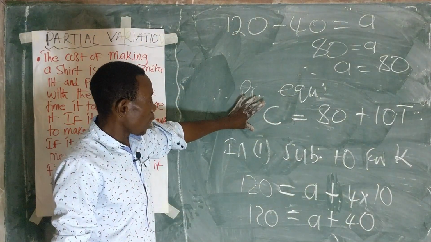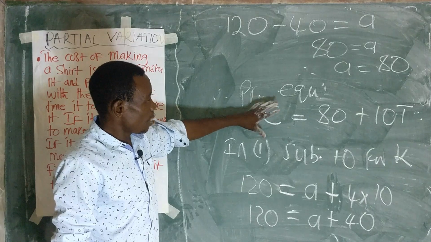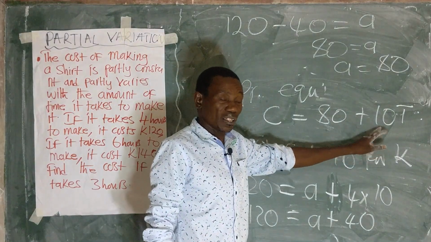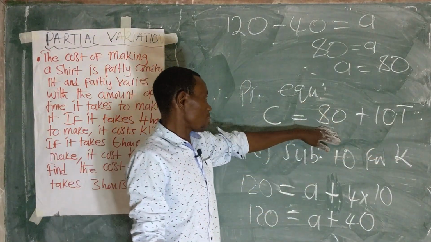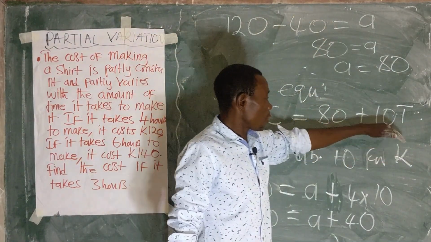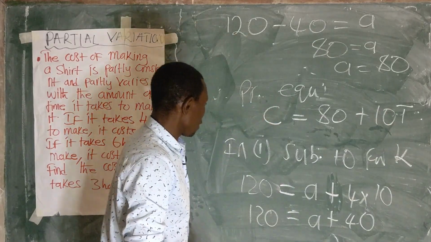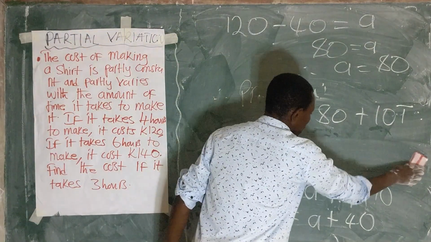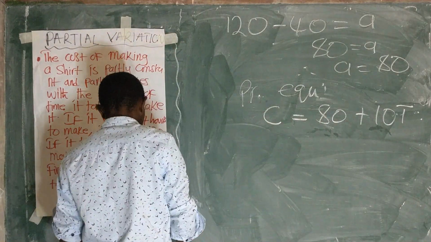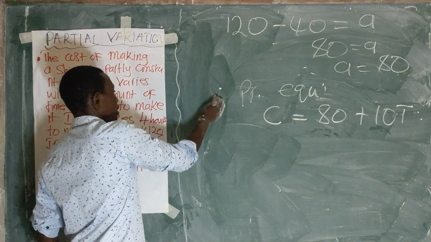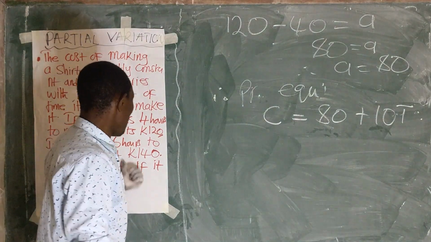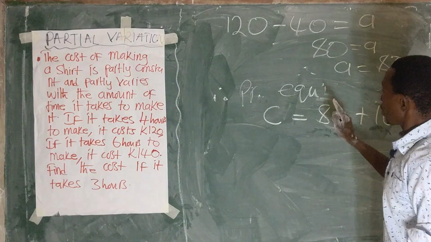Right, so this is our equation of proportionality, where before A wasn't known and K wasn't known. Now that I've found the values of A and K, we just substitute: where there is A, we write 80, and where there is K, we write 10. So you can see that whatever we're doing here is not different from what we have been exposed to in the direct, joint, and inverse variations. Now, we have the proportionality equation.